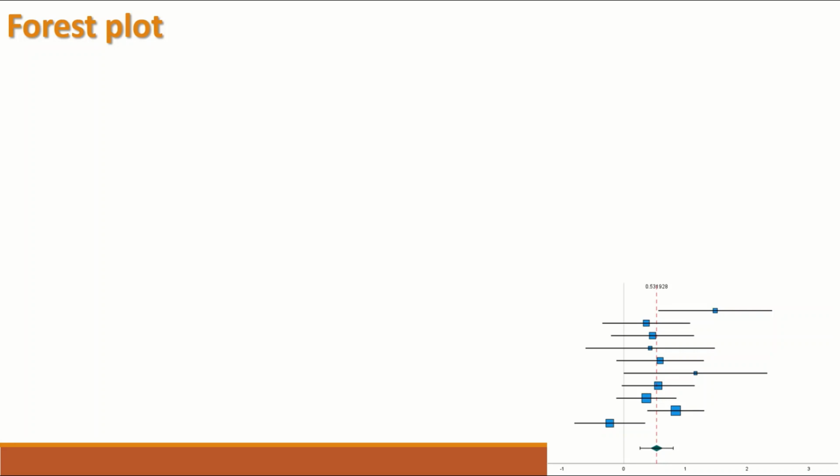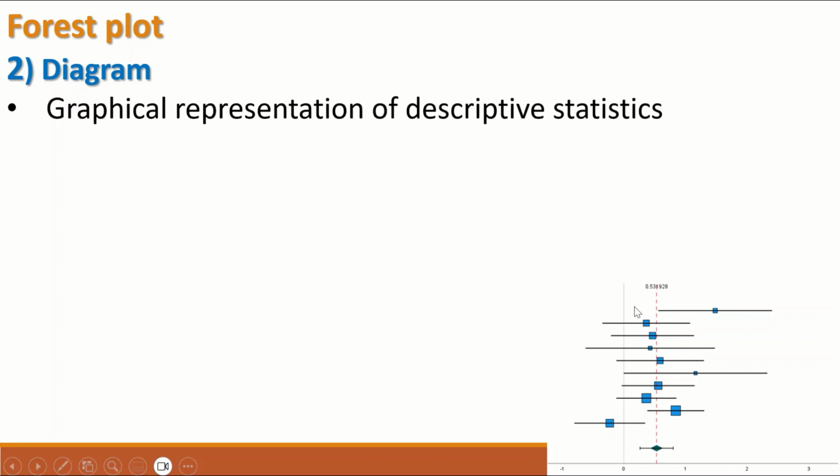So the forest plot now has three parts. The first part is the descriptive part. The second part is the diagrammatic representation of the descriptive statistics. As shown here in this diagram, there are symbols, squares, horizontal lines, vertical lines, and a diamond-shaped structure. This part is a graphical representation of the descriptive statistics.